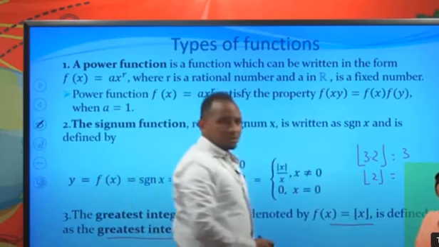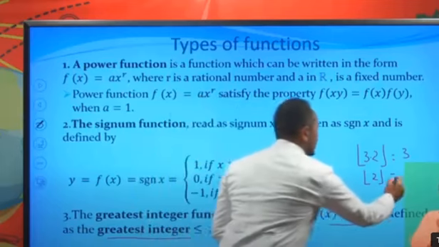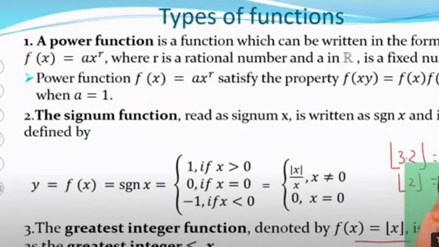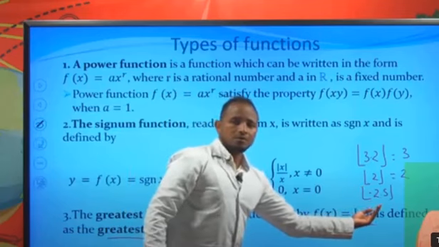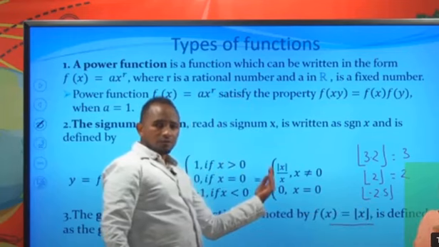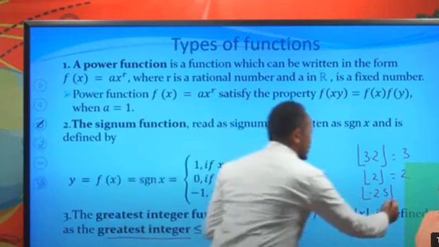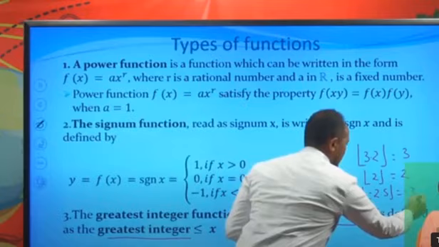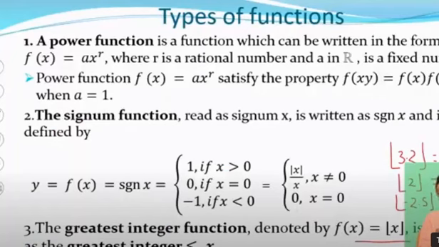And if you are asked the greatest integer less than or equal to negative 2.5, here it is negative 3. So this is the definition of the greatest integer function.